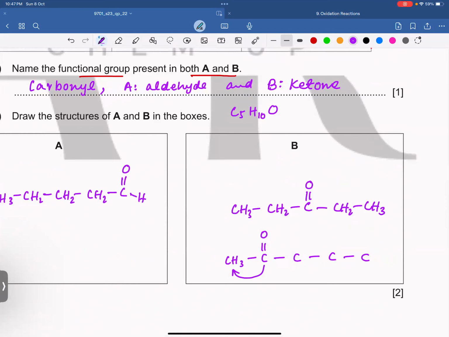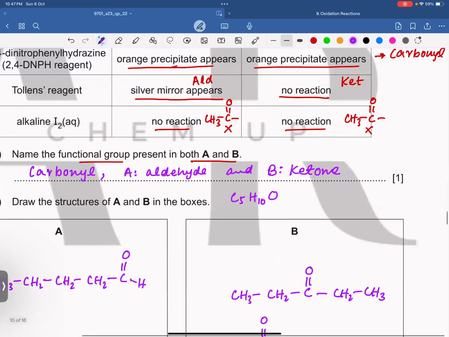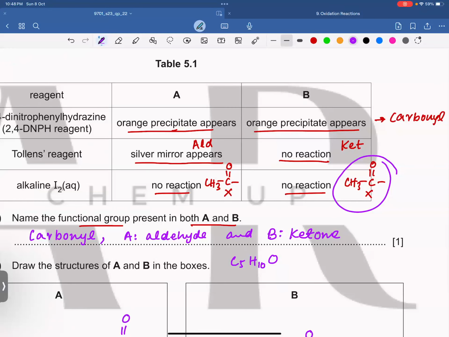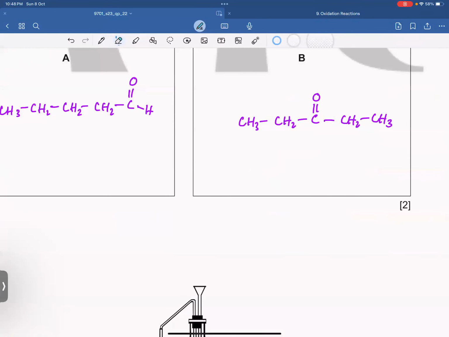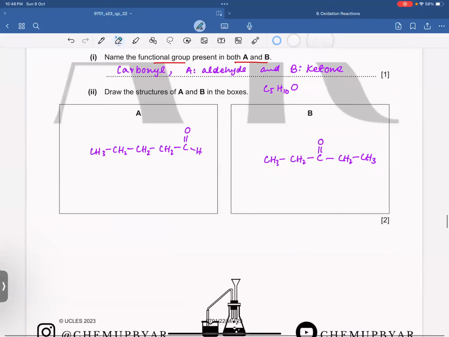And here we have concluded that in these structures, C=O is not next to CH3. So then we got only one possibility, that it must be in the middle. Fine, sir.